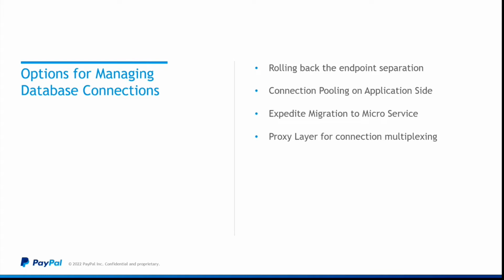Keeping that option open, we continued to explore other options for what can be done to reduce connections. The next option was to expedite microservice migration, not just separating the application stack side of things, but also decoupling the data.